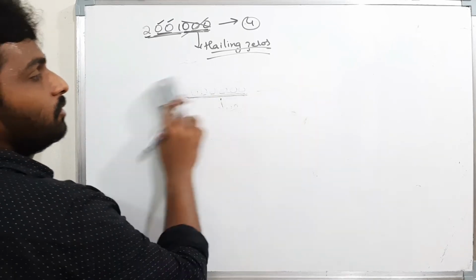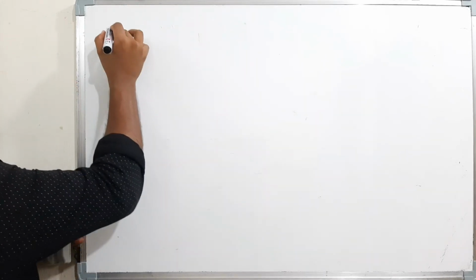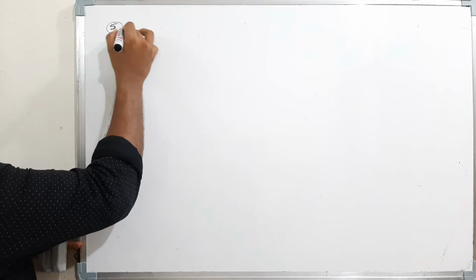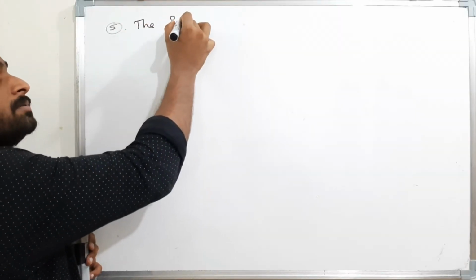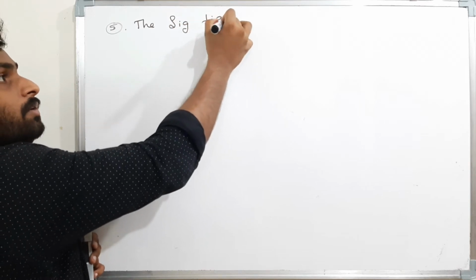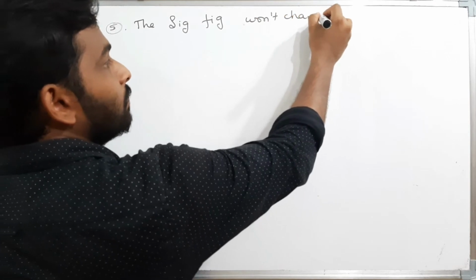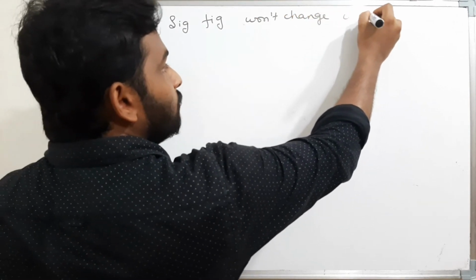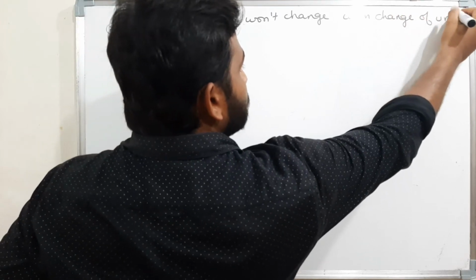Okay, now we'll see the 5th rule. Rule number 5: the significant figures won't change with change of units.